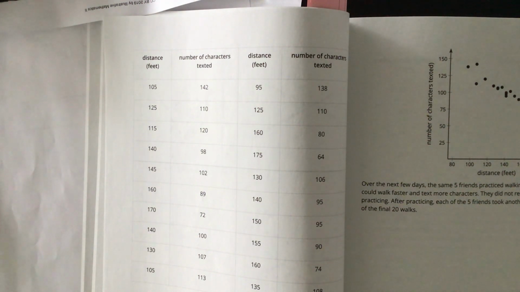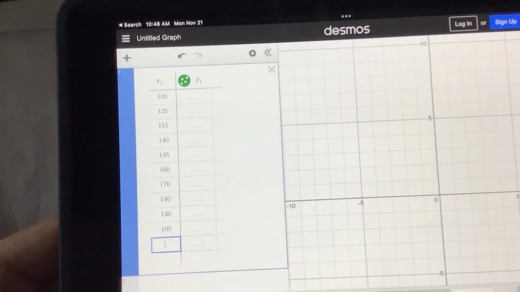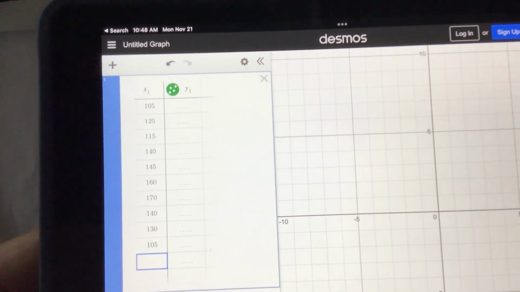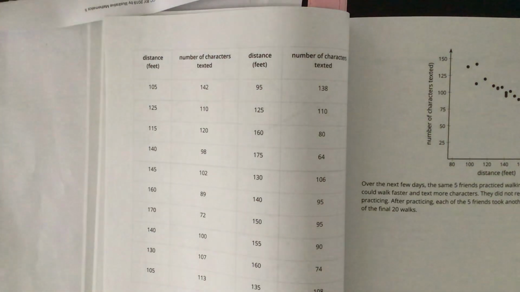You take the numbers down. That's how it looks later. Take the numbers down. Even 105, with enter. 125, enter. 115, enter. Like that. Straight down. Then when it gets to the other X, you just keep going.